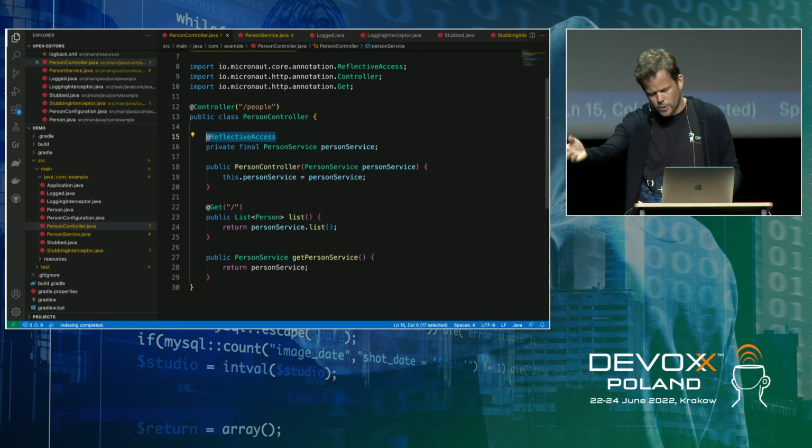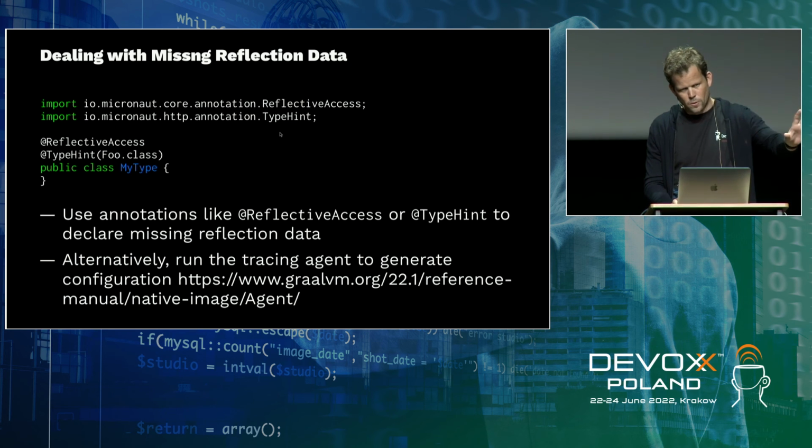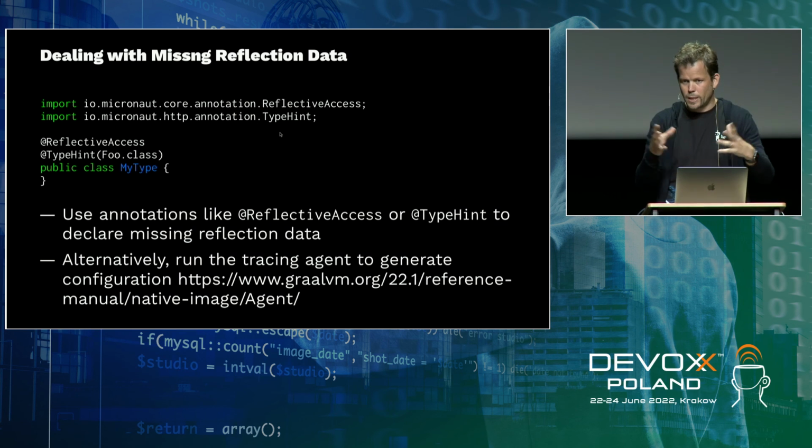It's just providing input to the tool, okay? And in the worst case, there's also something called the tracing agent, where you can run your application through an agent, and it will generate the configuration necessary to make it work, right? So you can run a tracing agent, and it will generate all the config. Most simple cases can be dealt with just a few annotations.